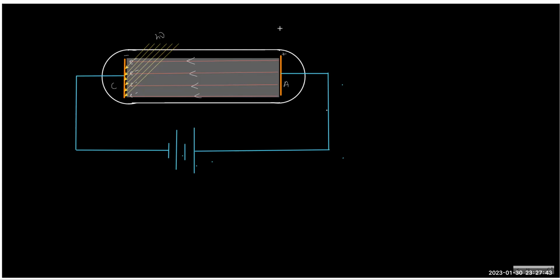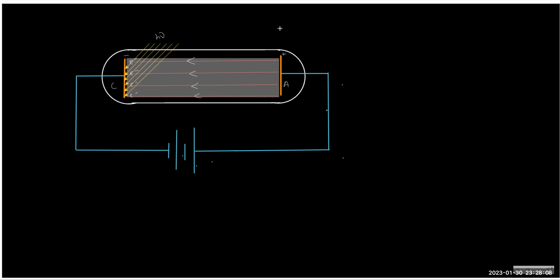A time will come when the density will become constant. Now, when the density becomes constant, what will happen? We cannot accommodate any extra electron in the given volume. Why is it so? Because of the natural repulsion between the charges, correct?